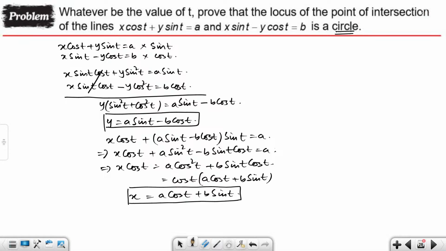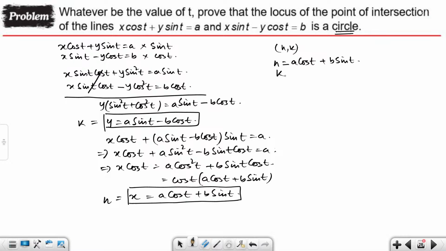And we have to find the locus of this point. So let h comma k be any point on the locus. Therefore, your h is this and k is this. Yes or no? So what is h? a cos t plus b sin t.